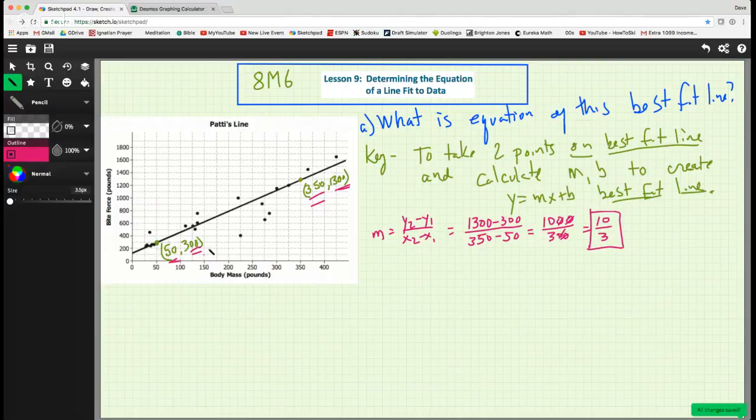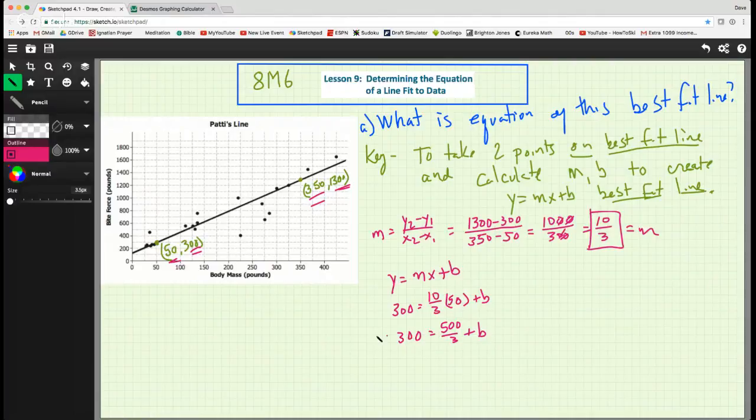Now, let's find our b. The way that we do that is we take y equals mx plus b. We take one of our points. Let's use the one with the smaller numbers here. And our m is 10/3, remember, we just calculated that. So 300 equals 10/3 times 50 plus b. 300 equals 500 over 3 plus b.